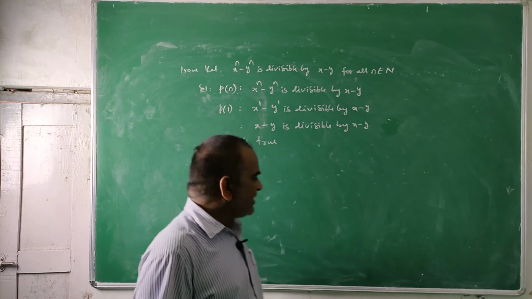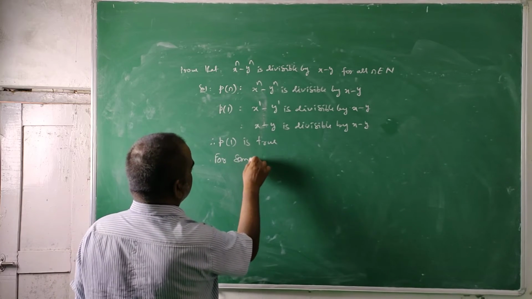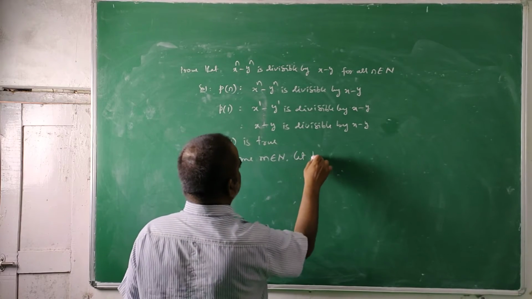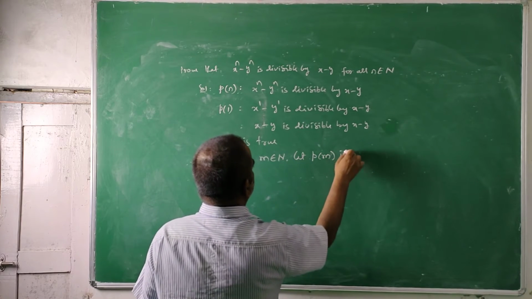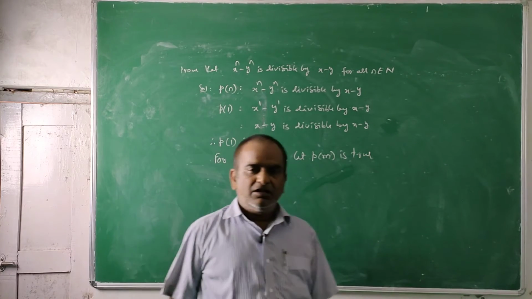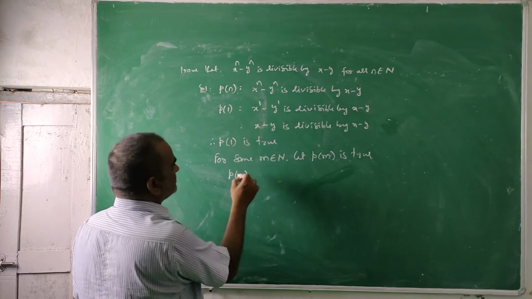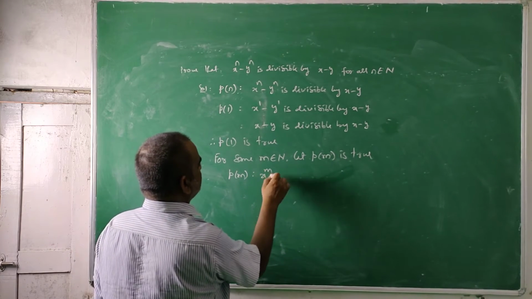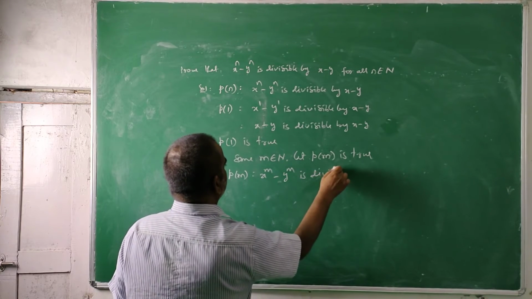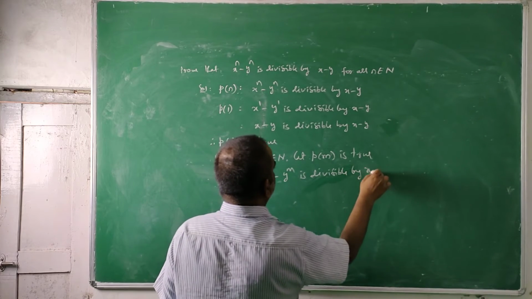Now, for some m belongs to N, we assume that P of m is true. So P of m: x power m minus y power m is divisible by x minus y.